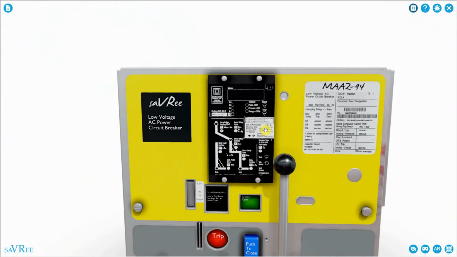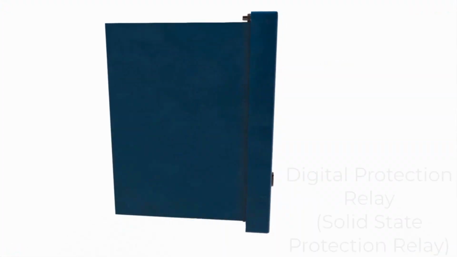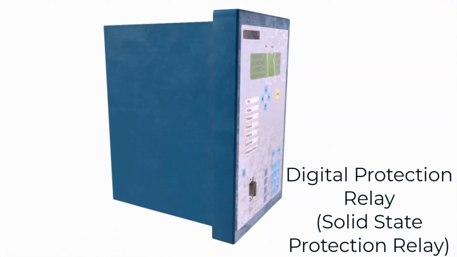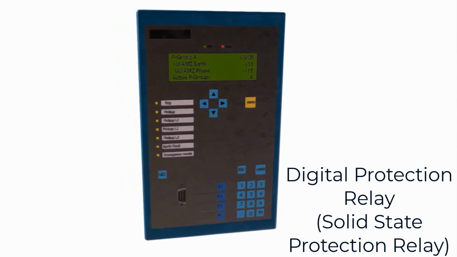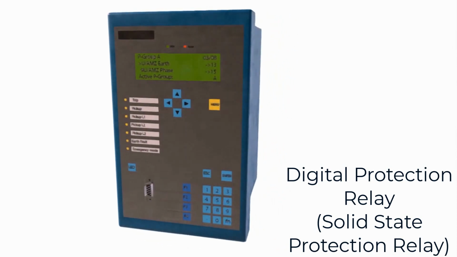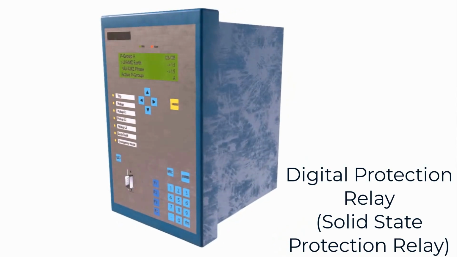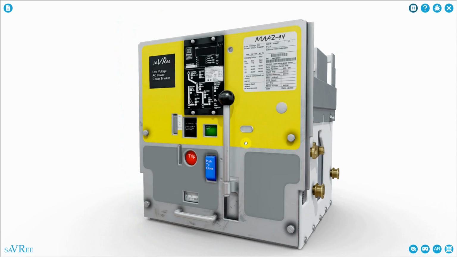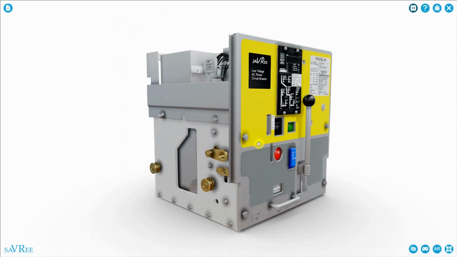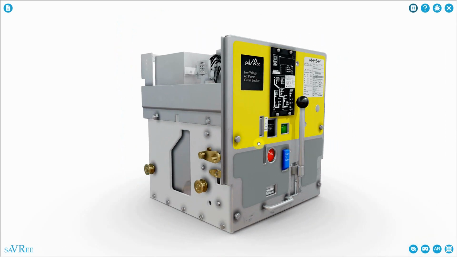There are two types you're going to see: digital protection relays, which are also referred to as solid state protection relays, and electromechanical protection relays, which are the older type. Low voltage breakers often use electromechanical protection relays. They're cheaper and it's quite acceptable to use them for lower voltages, although this one here has digital protection relays.